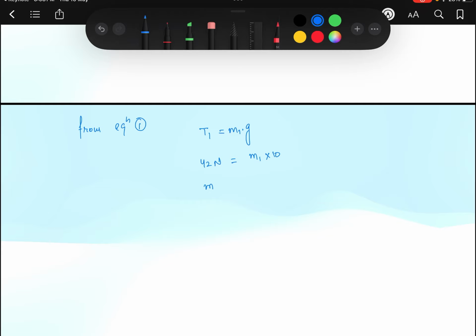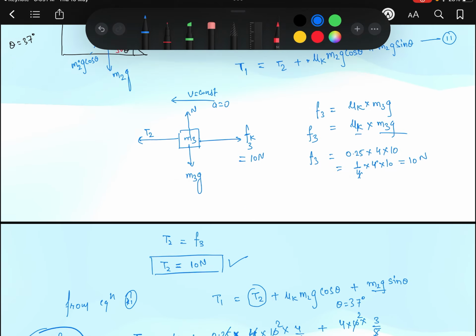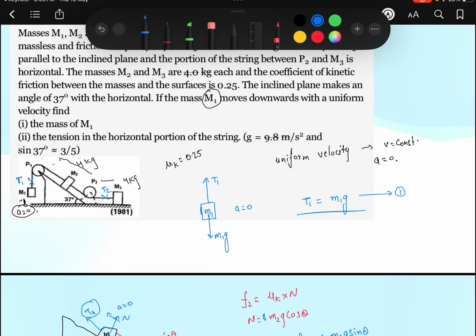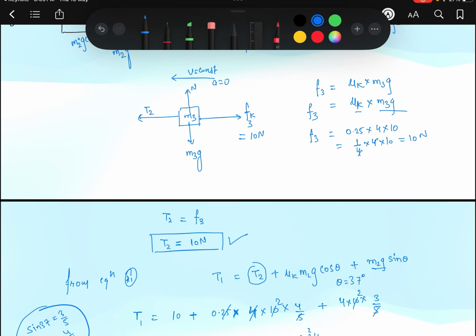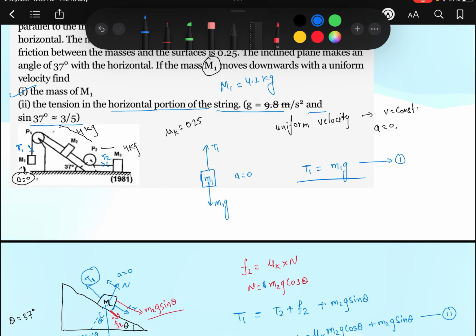So the value of m1 will be 42 divided by 10 kg, that is m1 equal to 4.2 kg. So this is our answer for the first part, where we had to calculate the mass m1, so m1 is 4.2 kg, and the tension in the horizontal portion of the string is 10 Newton.